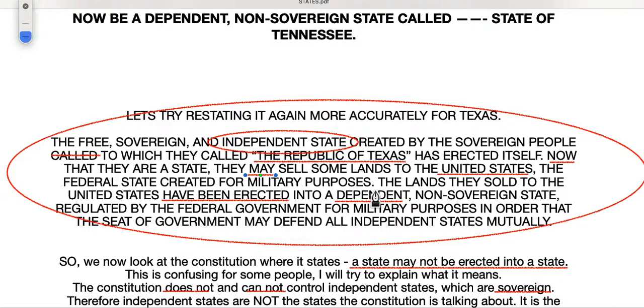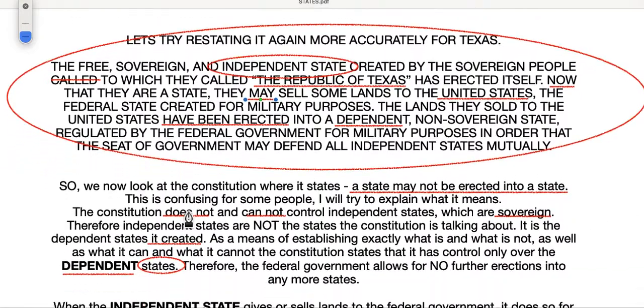The lands they sold to the United States for federal purpose, for creating a military, have been erected into a dependent, non-sovereign state regulated by the federal government for military purposes, in order that the seat of government may defend all the independent states mutually.